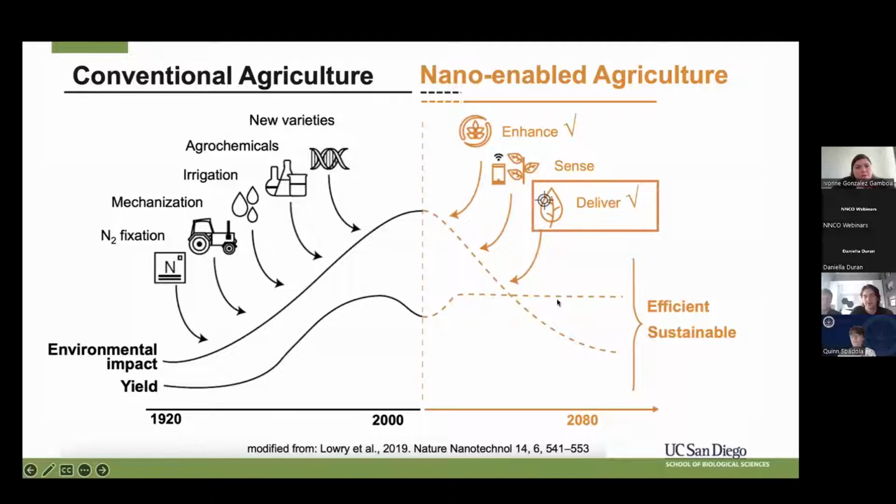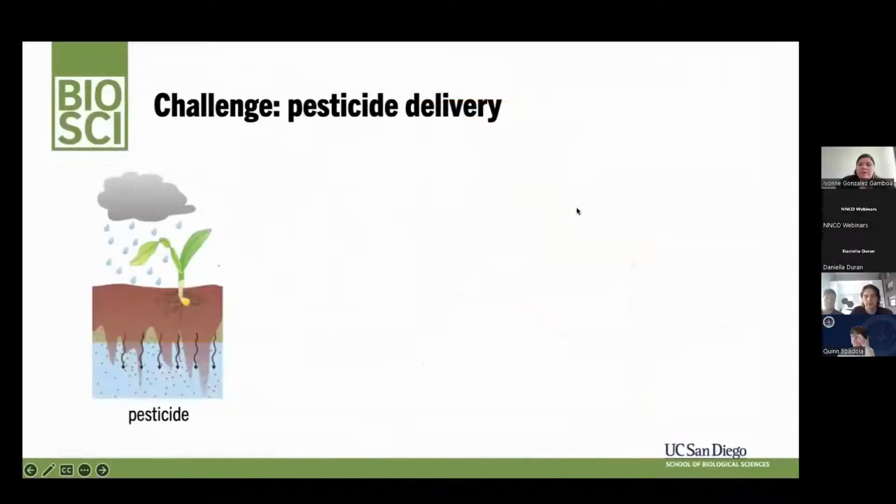The one I'm going to be focusing on today will be the delivery part. So I'm going to be talking a little bit more about this. Okay, so our challenge here would be pesticide delivery. While crop nematode infestation is relatively easy to diagnose, the treatment options right now are limited.